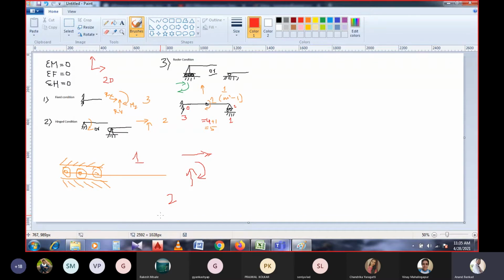When you calculate the number of reactions for the beam, that is the static indeterminacy. Kinematic indeterminacy is the calculation of degrees of freedom, and the static indeterminacy is the calculation of the number of reactions in the structure. Right? Is that clear?